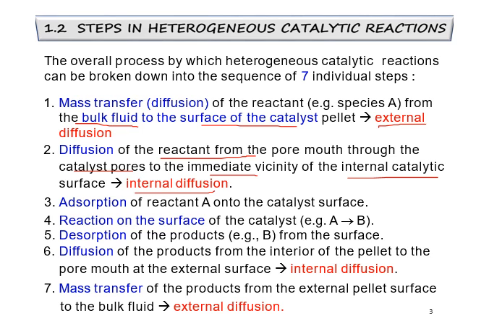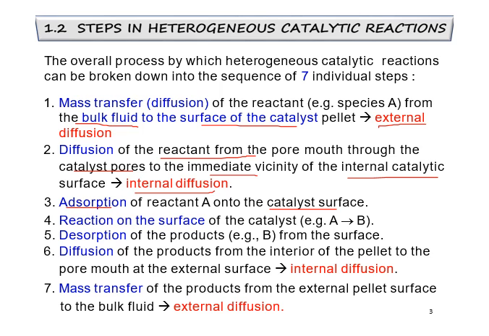And then from there, at the internal catalytic surface, there happens adsorption of reactant A onto the catalyst surface. So you just have to imagine that the catalyst has too many spaces until it really finds the very active sites.